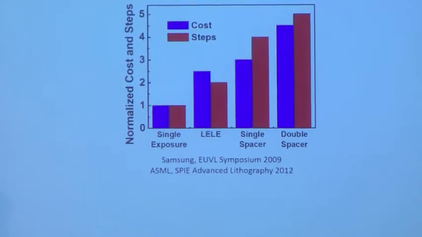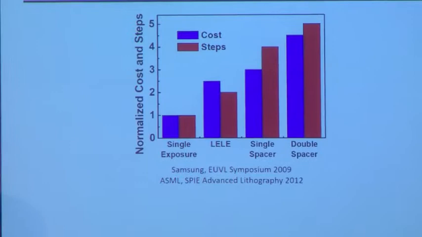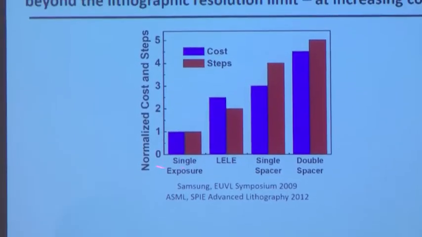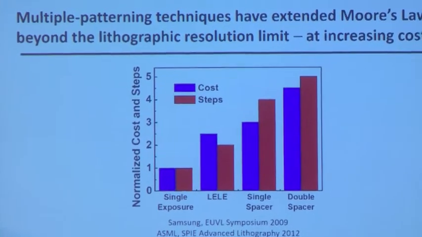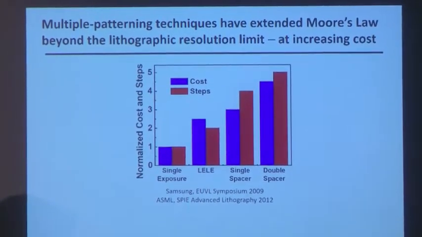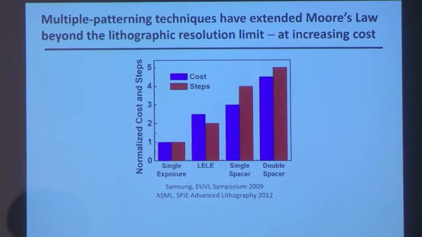But if you notice, there are many steps, right? Deposition and etch and so on in a double patterning process. So the issue here is that in the past, for every single layer in the integrated circuit, and there are many layers, you just used one photolithographic exposure step, one mask, to pattern it. But now, in the future, the number of masks needed to pattern each layer is growing quite rapidly.